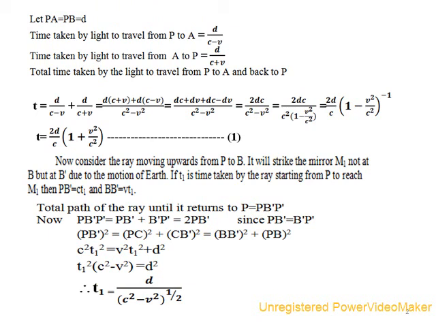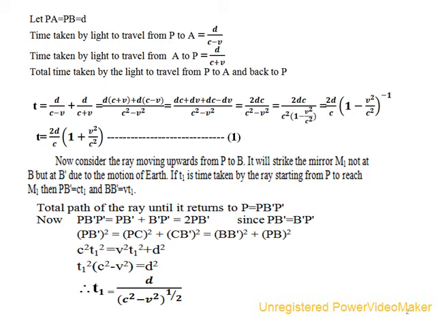Let PA equal PB equal D, which is the effective distance of the two mirrors from the glass plate P. The time taken by the light to travel from P to A is distance by velocity, that is D divided by C minus V, and the time taken by the light to travel from A to P is D divided by C plus V.